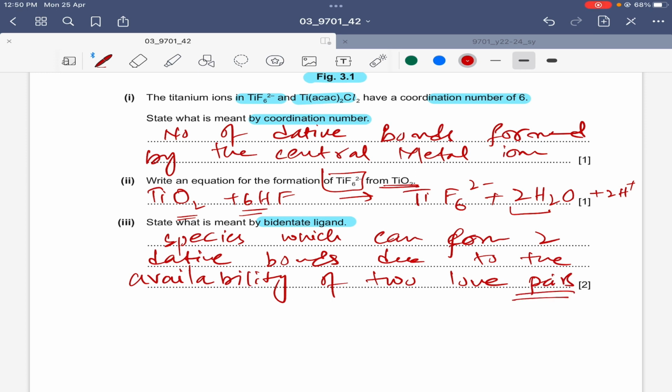Right, so any ligand which can form 2 dative bonds with the transition metal ion means it is a bidentate ligand.